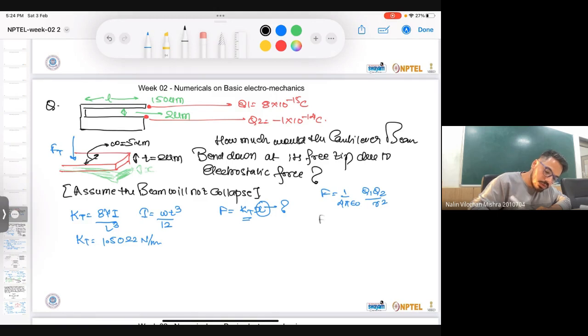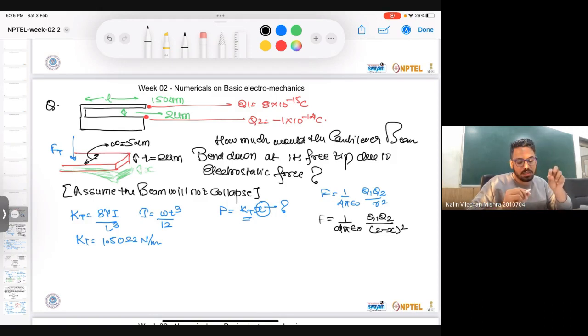So the value of the electrostatic force will be q1 q2 by (2 minus x) squared, where the separation is 2, and now because of the deflection, the distance between these two charges will be 2 minus x.